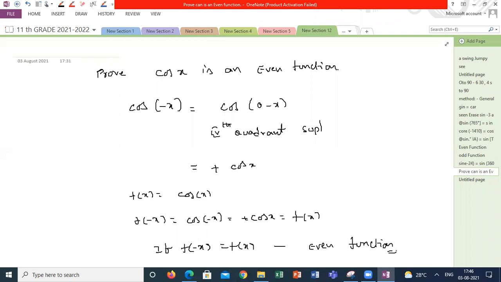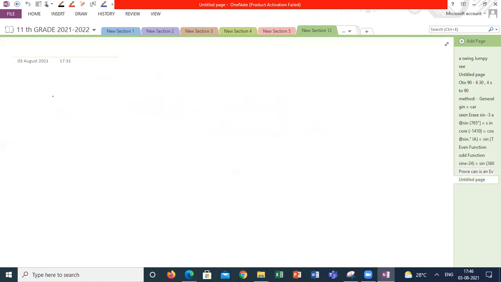Yes, sir. So then what about tan, sir? Tan function. Check. Is tan even or odd? Tan of minus x is sin x by cos x. Sir, sin is an odd function and cos is an even function. So tan is also an odd function.